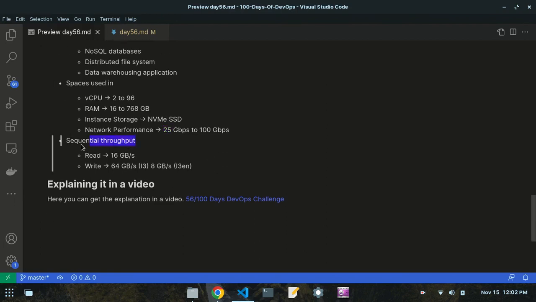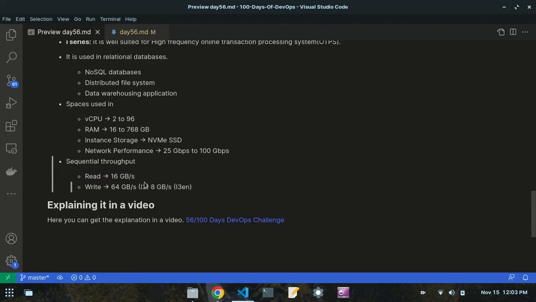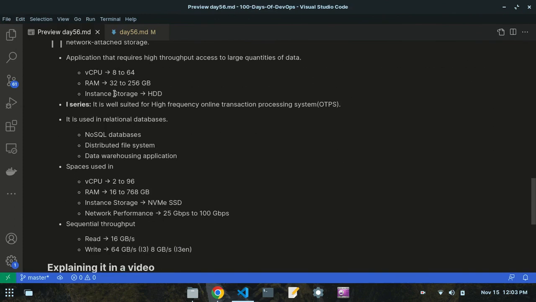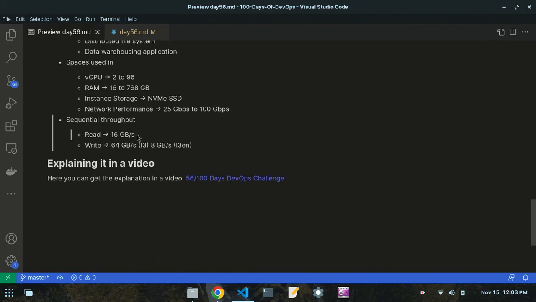The sequential throughput is basically how fast you can read the data. In the I series, for both I3 and I3EN, the data will be read at a rate of 16 GB per second. Alright, so the I series has two parts, I3 and I3EN, and in both of them the data will be read at 16 GB per second.